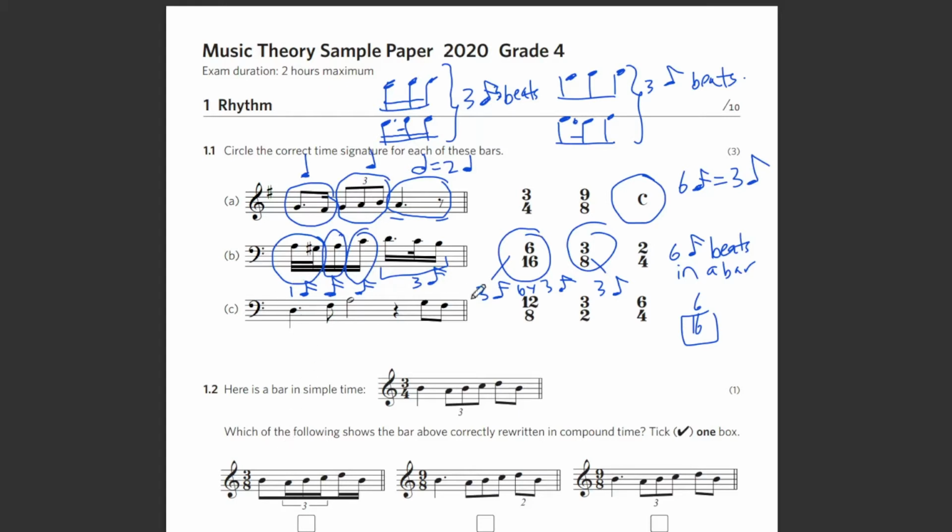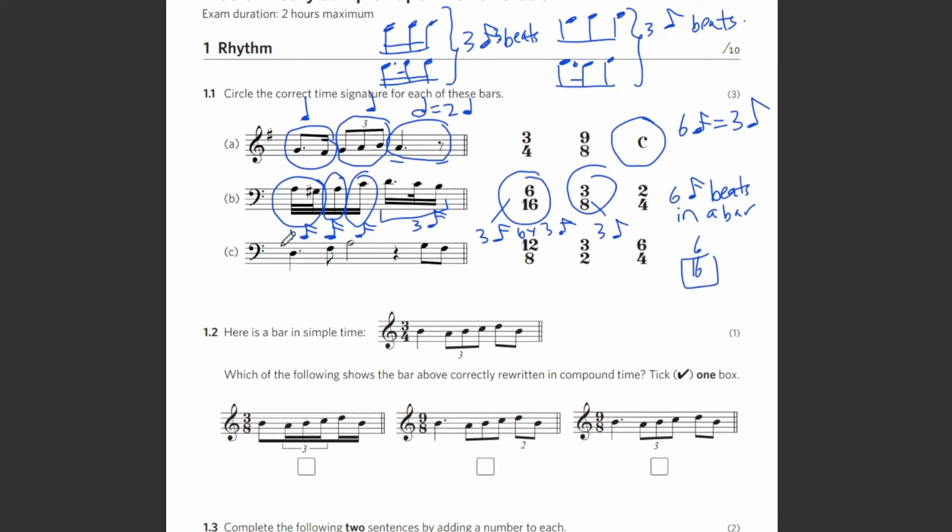Next, moving on to the next one. For this, I will count it in terms of crotchet beats. There's a reason for this: I notice that this is a very long note, a minim, so it might be easier for me to count in terms of crotchet beats.